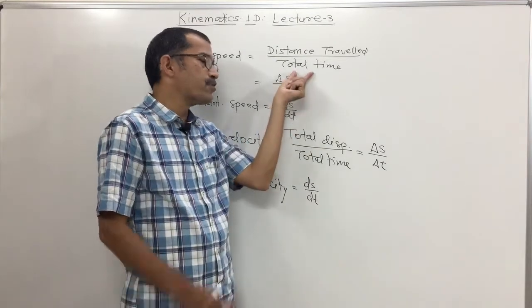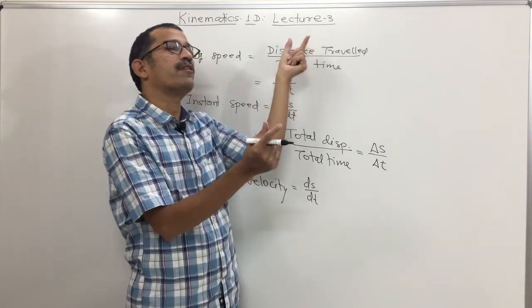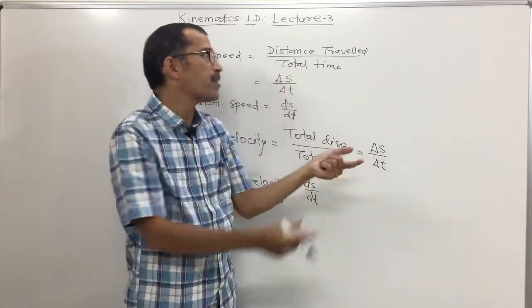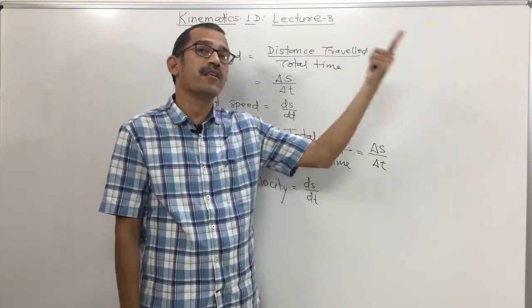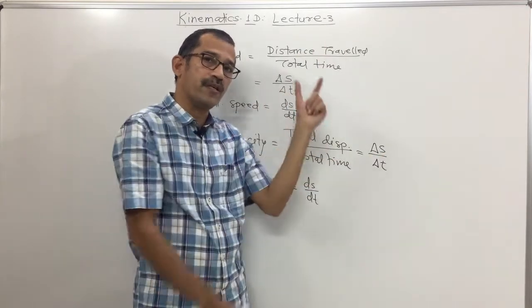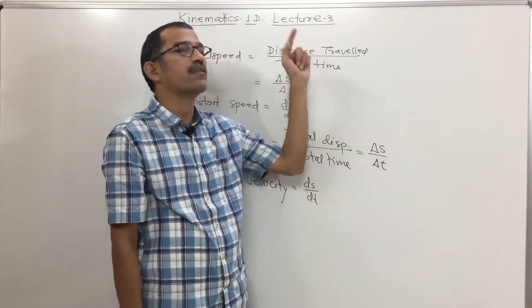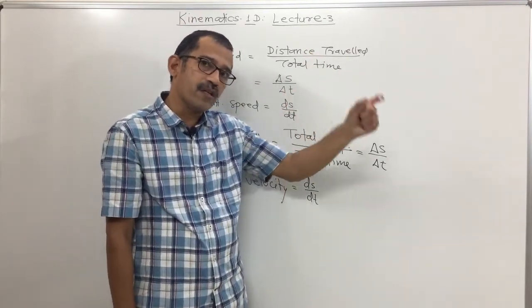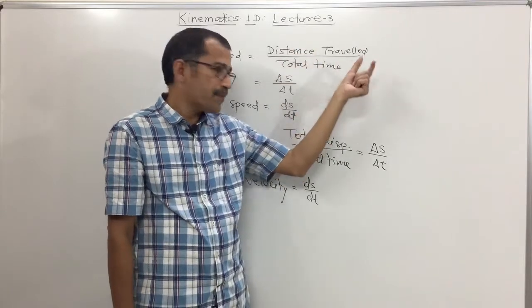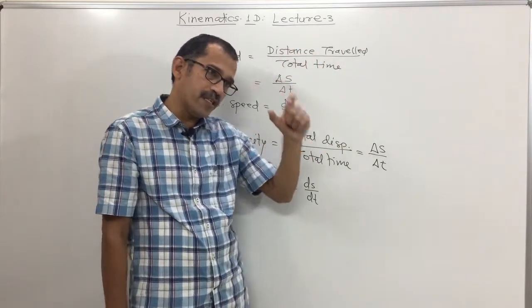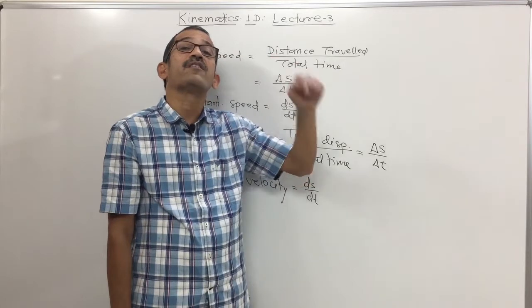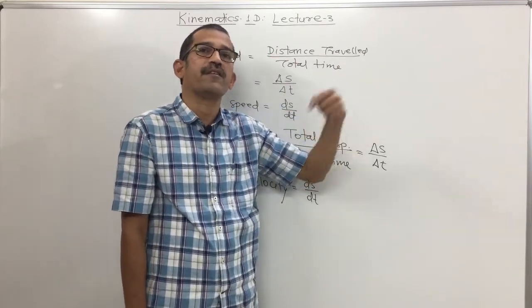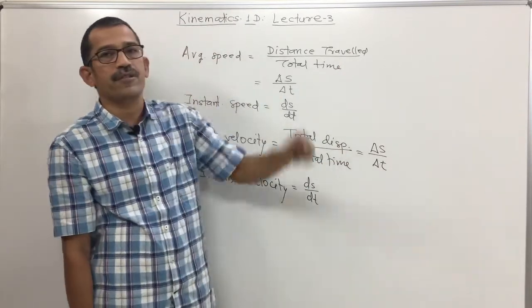In the first 2 second interval the distance traveled is 10 meters, in the next 2 second interval it is again 10 meters, and in the next 2 second interval again 10 meters. That means if the distance traveled, or displacement, is the same for all time intervals of 2 seconds or 1 second or 3 seconds, you can say this speed is constant.